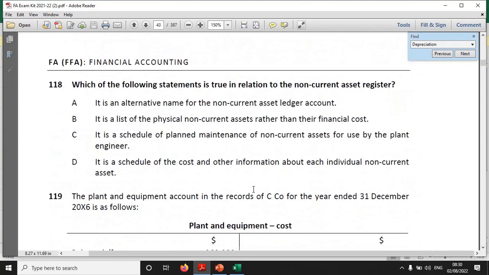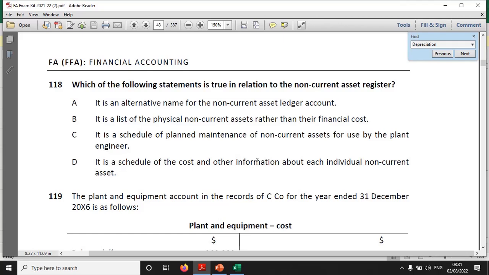Question number 118, and I think this is theory. It says, which of the following statements is true in relation to the non-current asset register? Now, this particular register was discussed. It is simply a record of the details of non-current assets. So let's begin.